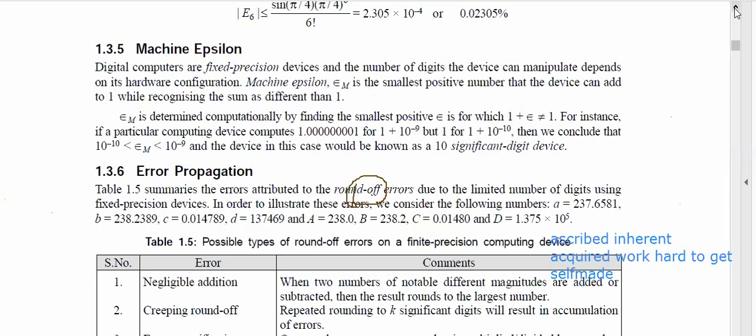What they are going to explain is machine epsilon, that is epsilon m, m stands for machine, epsilon is the symbol, the smallest positive number. You are very much familiar with epsilon, a very favorite quantity in mathematical analysis. Whenever we define the limit, or define the continuity of a function, without this epsilon and delta we are not able to define it.